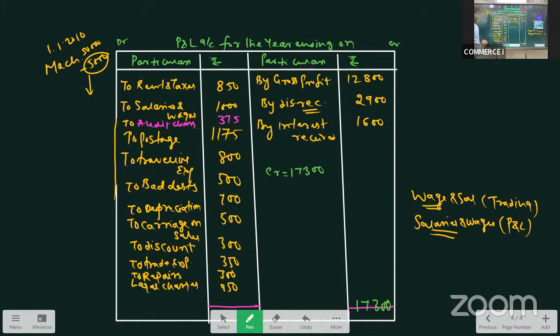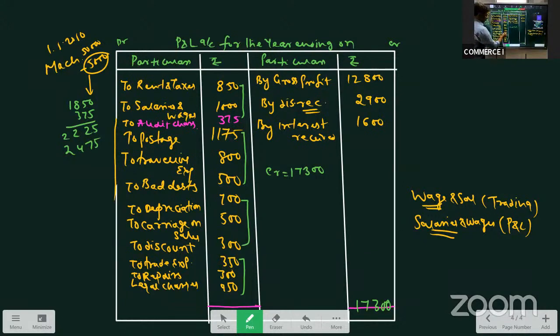Talking about the debit side, you have multiple items. So take the breakups of 33 and do it. See 850, 1850. Then 1850 plus 375 would be 2225. Then 1175 and 800, this would be 1975, plus 500, 2475. Then 700 plus 500, 1200, plus 300, 1500.